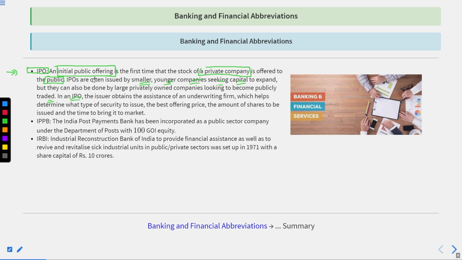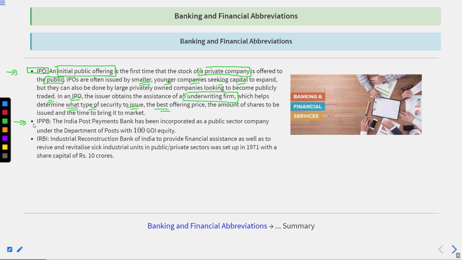In an IPO, the issuer obtains the assistance of an underwriting firm. That firm helps determine what type of security is to be issued, the best offering price, the number of shares to be issued, and the time to bring it to the market. Accordingly, the company launching the IPO works.